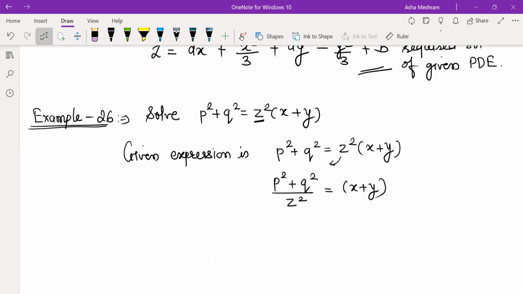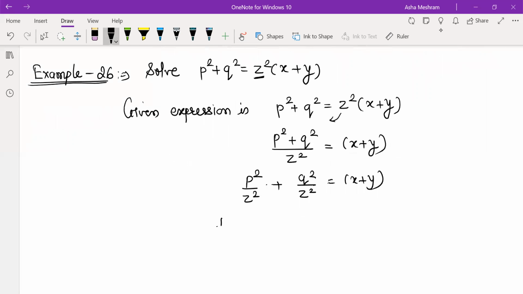This can be written as 1 upon z square into dou z by dou x whole square plus 1 upon z square into dou z by dou y whole square is equal to x plus y.